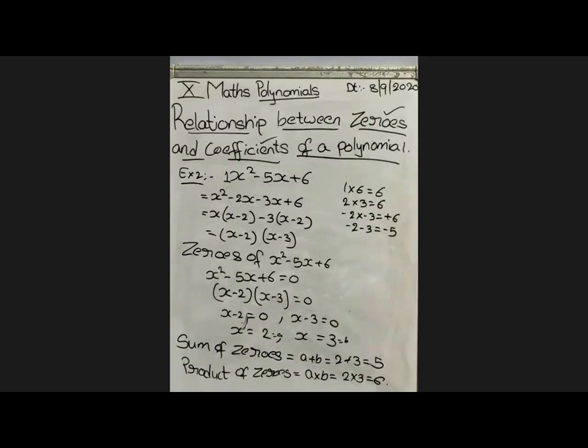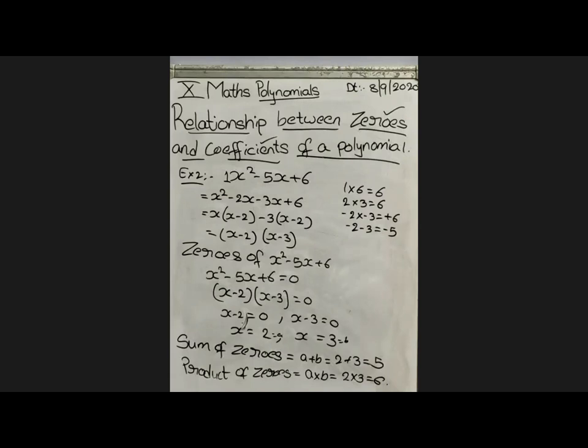Now see, sum of the zeros. Sum means we have to add 2 or 3 numbers. Here how many numbers are there? 2 numbers. So here we are adding 2 numbers. Take 2 equal to A, 3 equal to B. So A plus B equal to 2 plus 3, which is equal to 5. And the product of zeros, A into B, 2 into 3, is equal to 6.